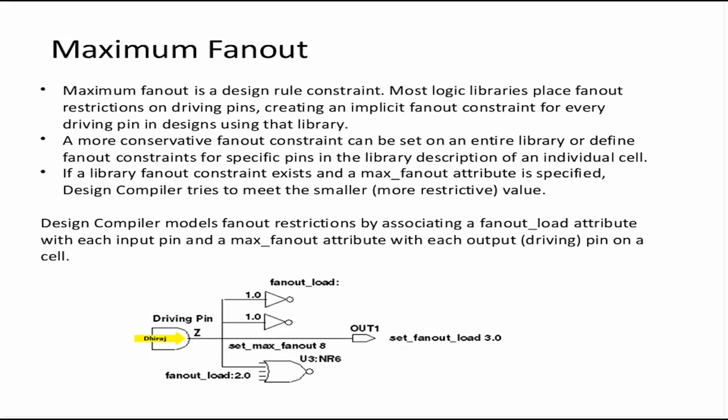Now the max fan out limit on Z, by virtue of either being defined in the library or using a command of set max fan out, is 8. So it could be either.